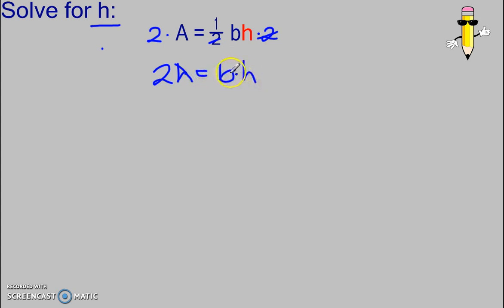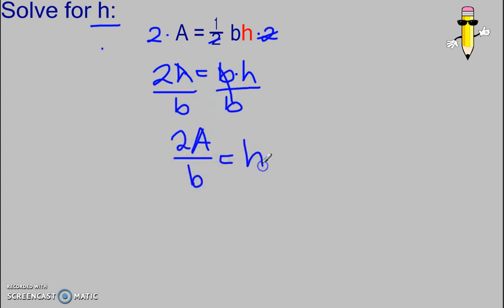H is now being multiplied by b, so we want to divide by b on each side. And then we get 2a over b is equal to h, or h is equal to 2a over b.